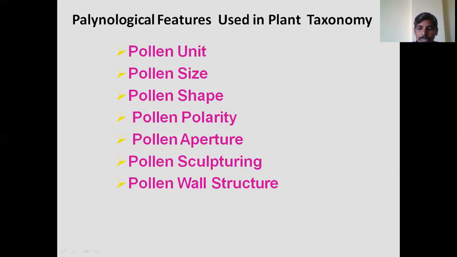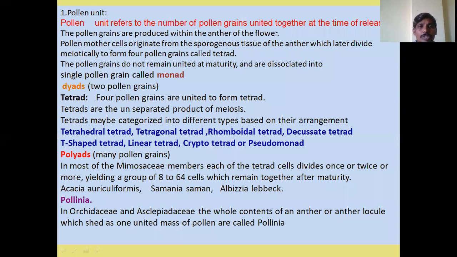You can go through them one by one. First, pollen unit. Pollen unit is nothing but how many pollen grains are united together at the time of pollen discharge. Pollen unit refers to the number of pollen grains united together at the time of dehiscence or release.